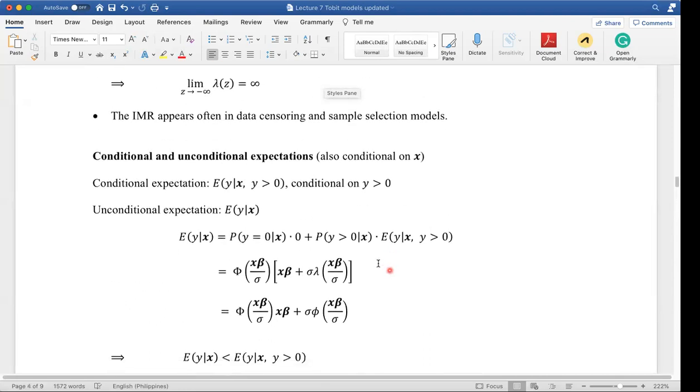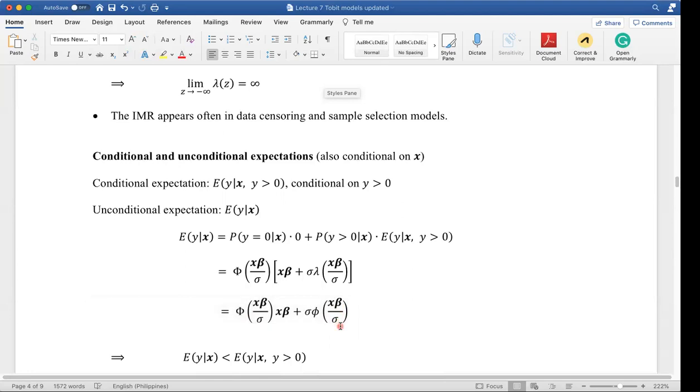This expected value of y given x is for the type 1 Tobit model where we have zeros and positive values of y. The expected value of y given x is given by this expression. Here we have to evaluate the CDF at x beta over sigma and the density function at x beta over sigma.